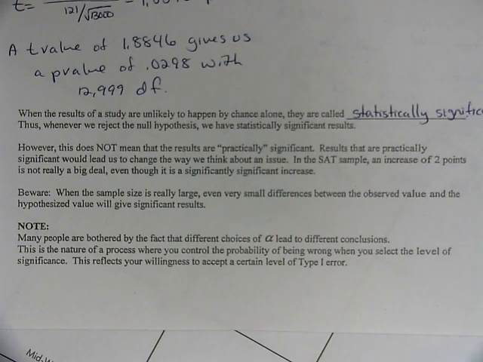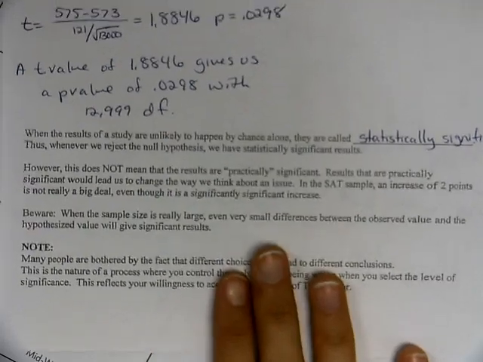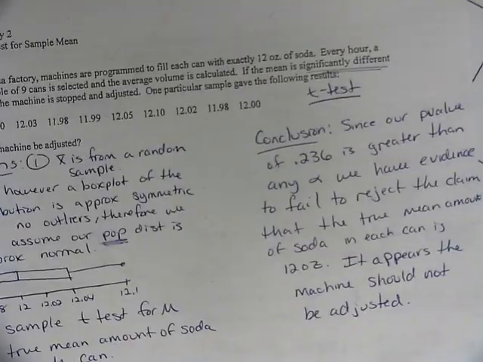Like if I did an alpha of 0.01, we would fail to reject here. That's just the nature of the process, right? You're controlling the probability of being wrong when you select the level of significance. So you just have to realize that. You can still pick a different alpha if you want. Okay. So that's it for 10.4.